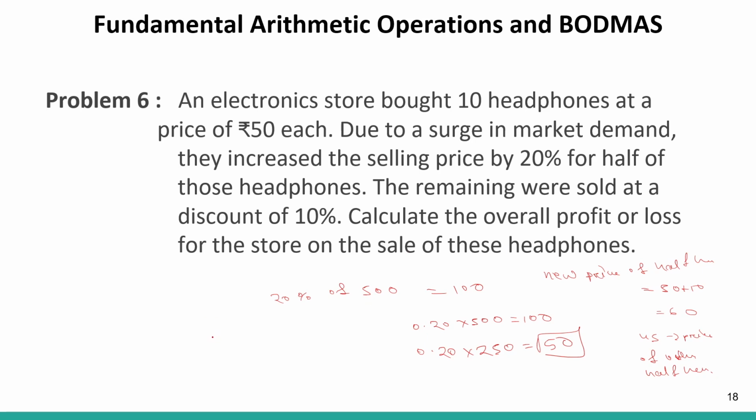Okay, so on overall sale, what you can see is 300 would be made from the first half, but 250 was invested there.